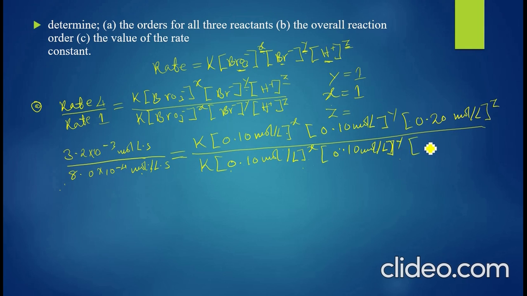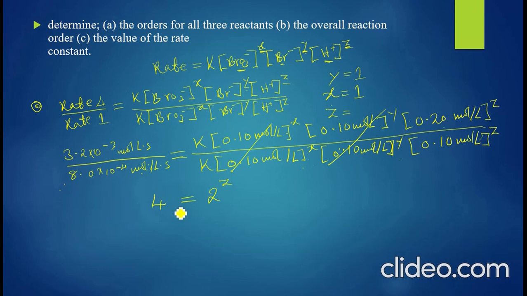And then for hydrogen ion, the initial concentration is 0.10 mole per liter, and then raised to z. Then you need to compare. So this divided by that, we're going to get 4, and this is the same, this is also the same, and then this one divided by that, we're going to get 2 to the power z.